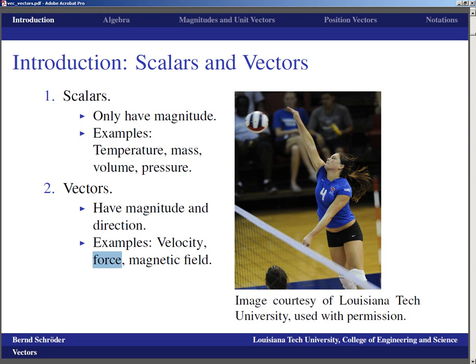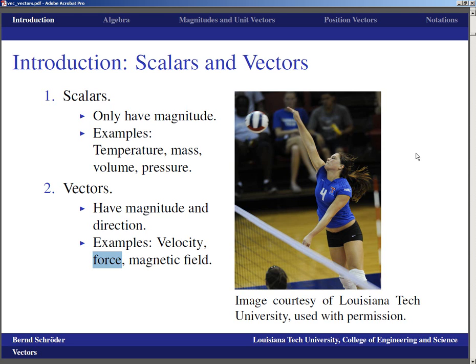Those are all quantities where the direction is very important, right? Because if this force is applied incorrectly, then the spike goes out and the opposing team gets a point, whereas if it's applied correctly and the spike is successful, your team gets a point.